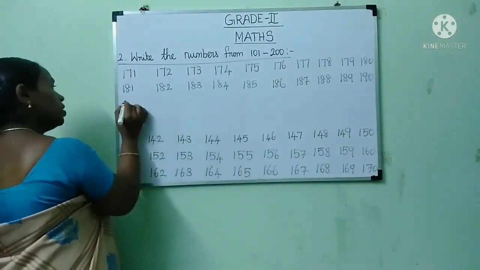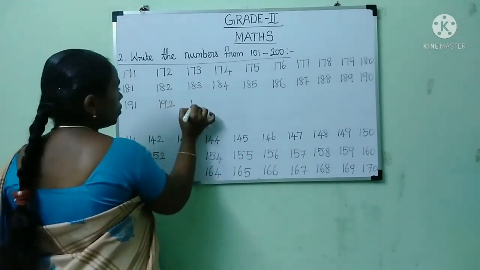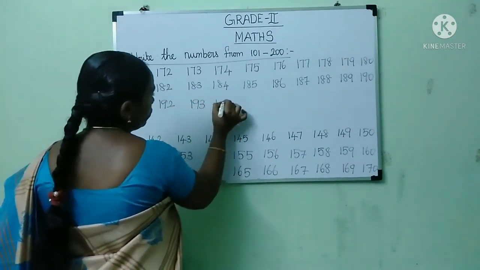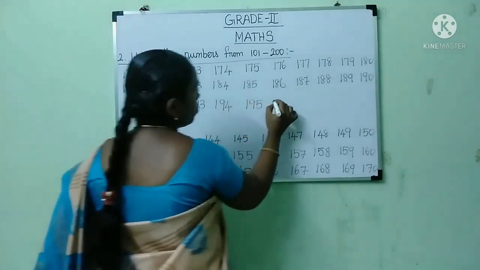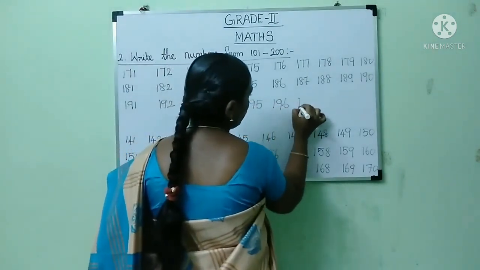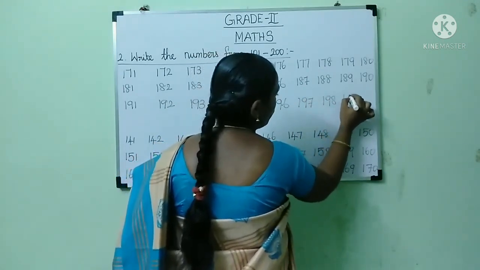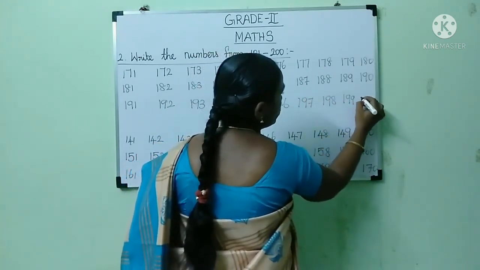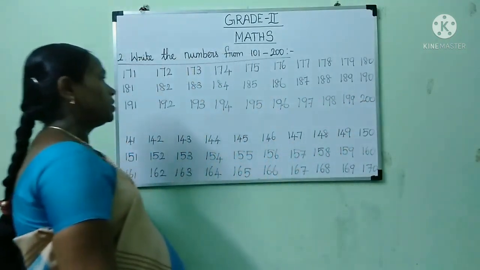Next, 191, 192, 193, 194, 195, 196, 197, 198, 199, 200.